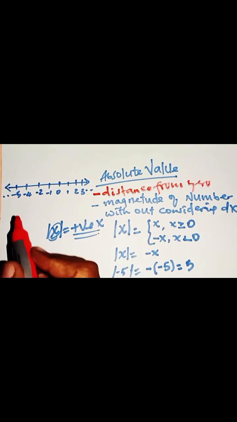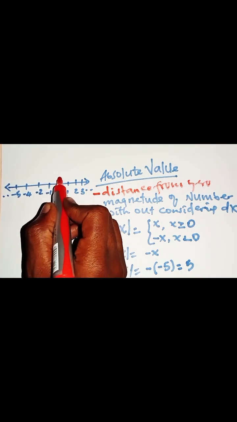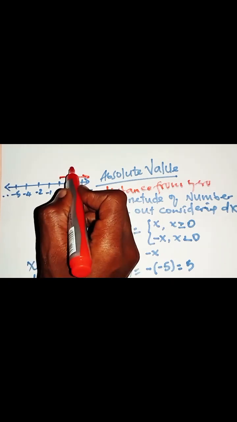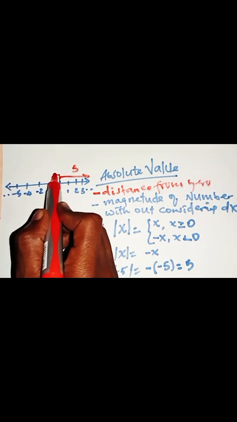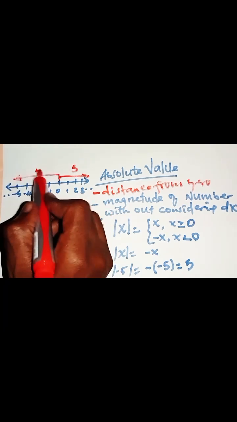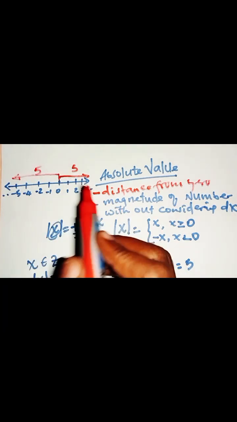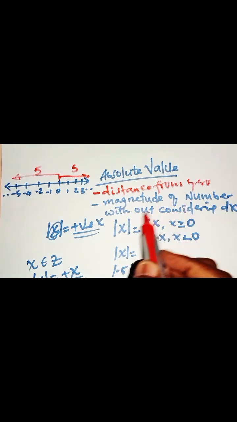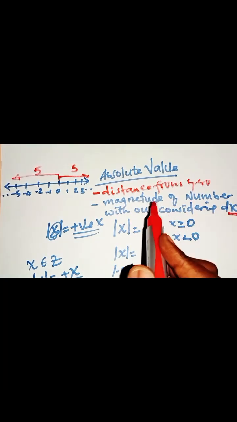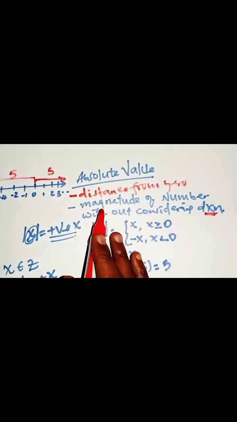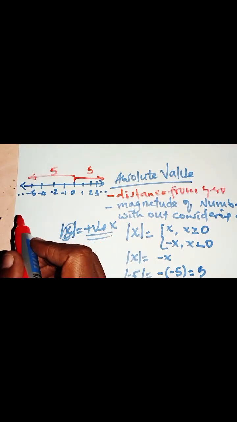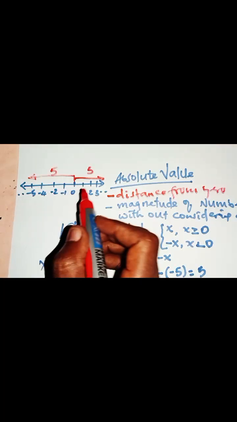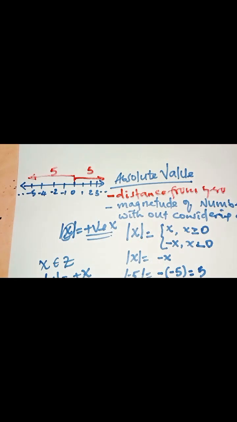For example, the absolute value of 5, the distance from 0 to this point, is 5. For the absolute value of negative 5, we just start from 0 in this direction, so it's always positive. Why? Because we are only taking the magnitude, no need to consider direction. Direction in this case is about the sign. So we have to understand that absolute value means like this.